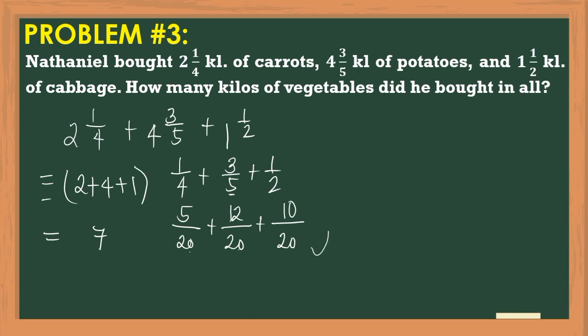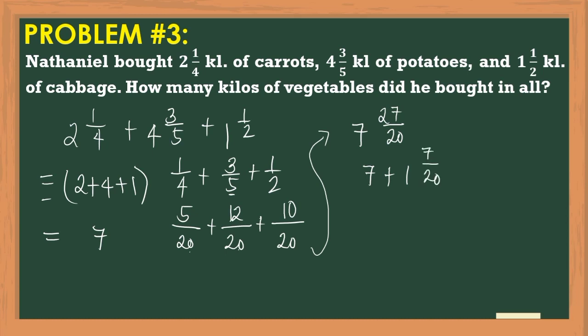So, i-write lang natin 7 and 5 plus 12, that is 17, plus 10, that is 27 over 20. So, 27 over 20 is an improper fraction. Kapag change po natin siya sa mixed number, magiging 7 plus 1 and 7 over 20.